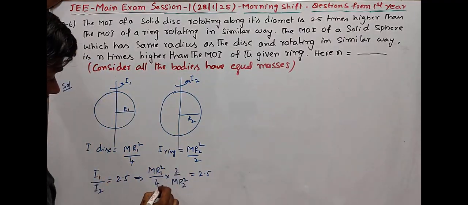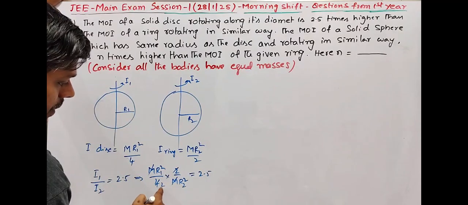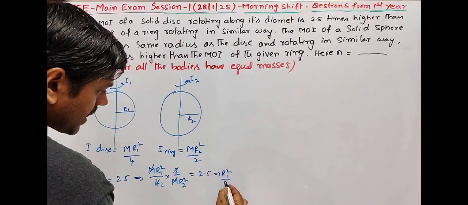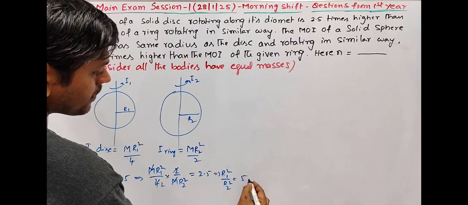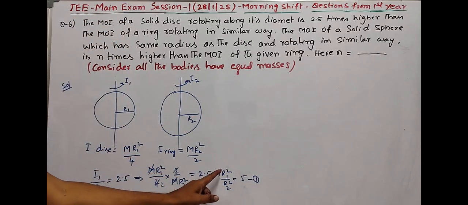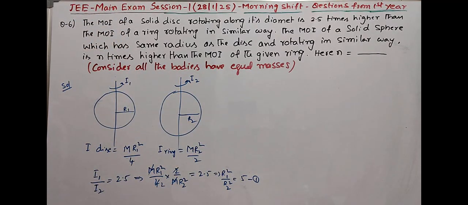From this one, this M is cancelled, this 2 is cancelled. When 2 is brought onto this side, it implies R1 square by R2 square is equal to 5. This is equation 1. So from the first sentence we get R1 square by R2 square equal to 5.